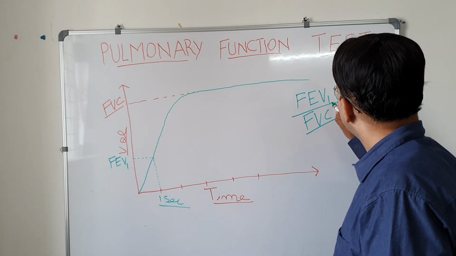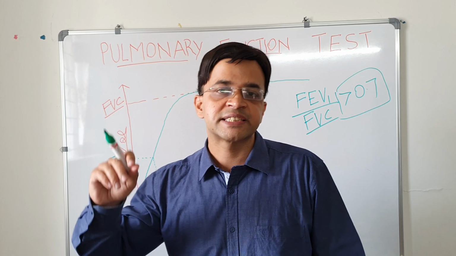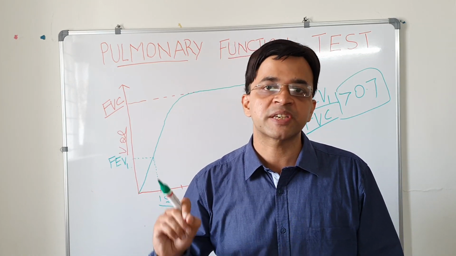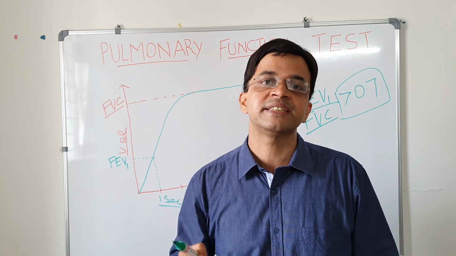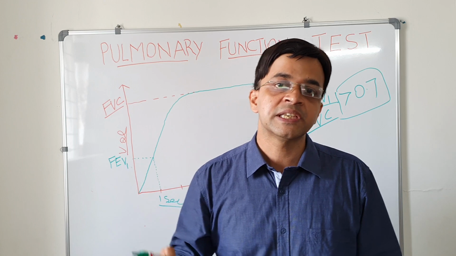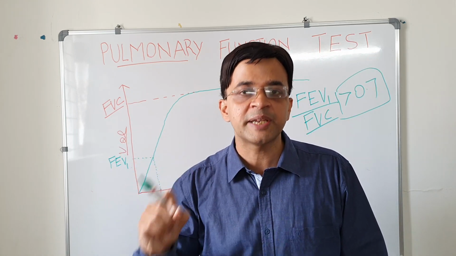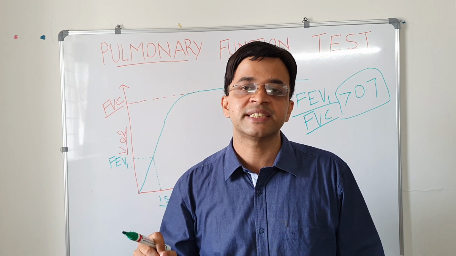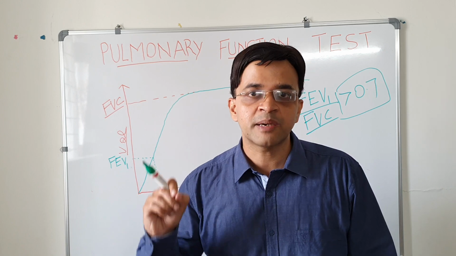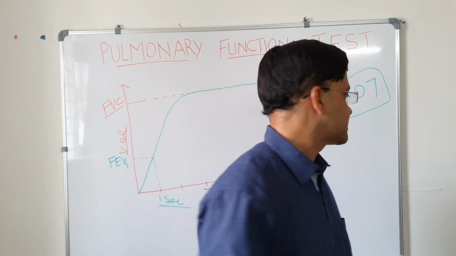That means a person should be able to exhale 70% of his forced vital capacity in the first second itself. This is important. If a person is not able to exhale more than 70% of his forced vital capacity in the first second itself, then the person is having some kind of obstructive airway disease. Okay?